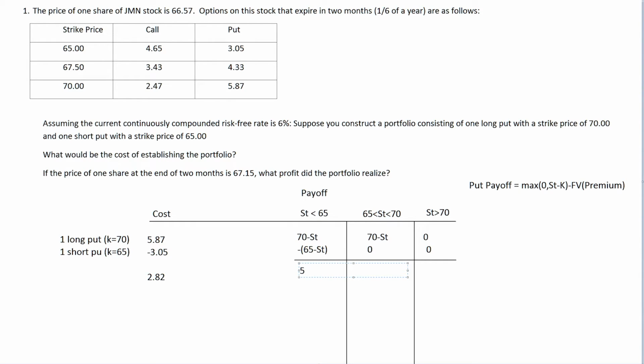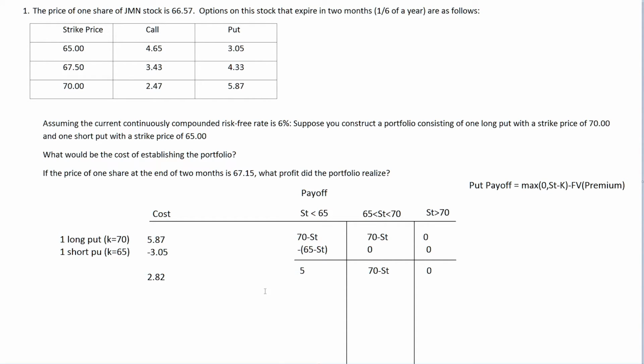So we just get a 5 in this column. Completely get rid of the S_T, the stock price at time T. Here it's just 70 minus S_T. And in the final column, if the stock goes over 70, we get 0.